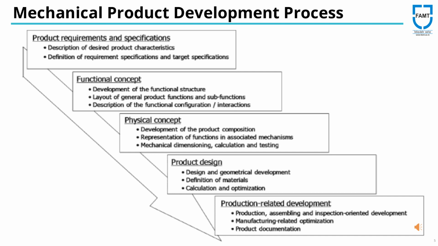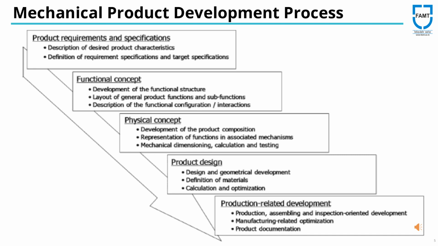Now, mechanical product development process or mechanical product life cycle is slightly different as compared to other products. Basically, let us try to understand how the mechanical product development process is carried out. First, product requirements and specifications are jotted down, and a description of desired product characteristics is prepared.